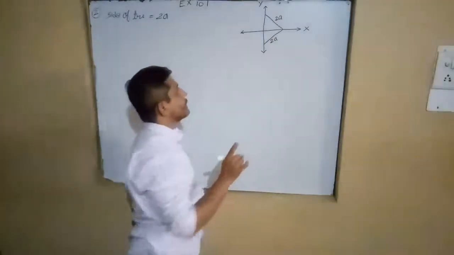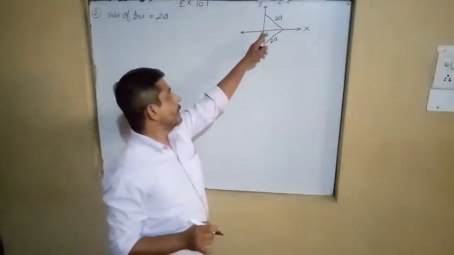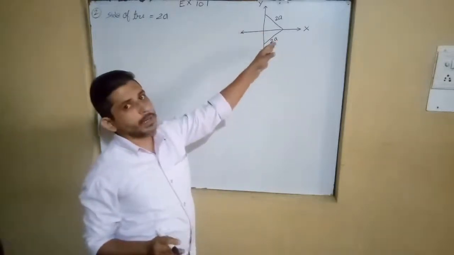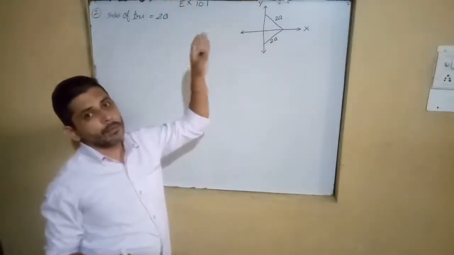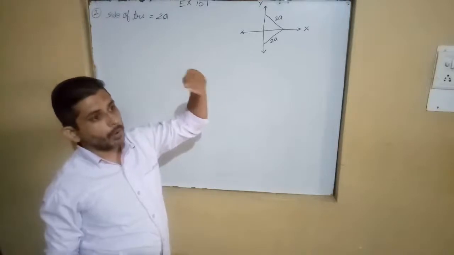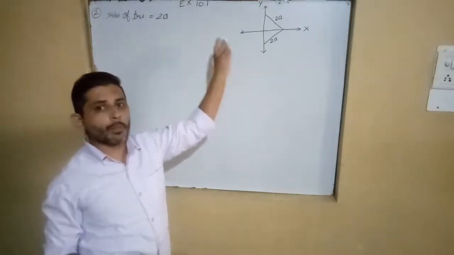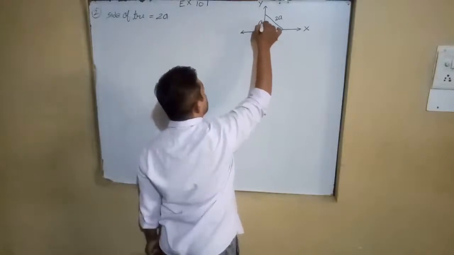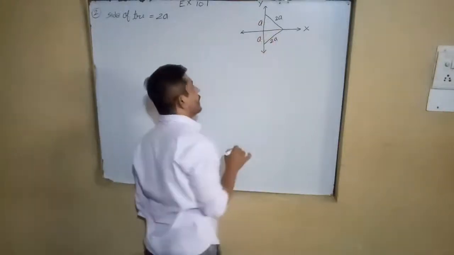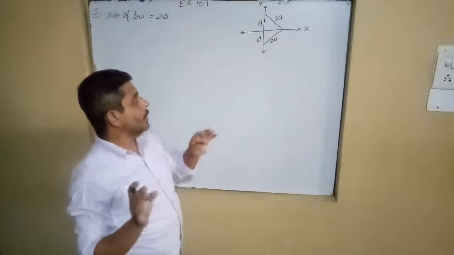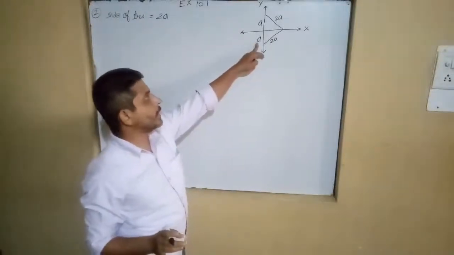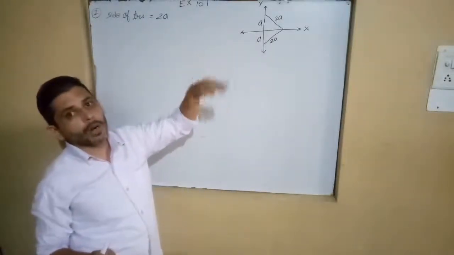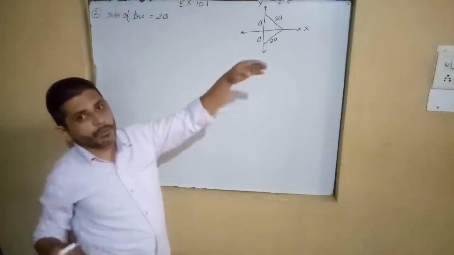Now one more thing is given: the origin is the midpoint of the base of the triangle. Means this is the origin, so this is a and this is a. Do not get confused here, minus a will come, because we just talk about the length of the side.